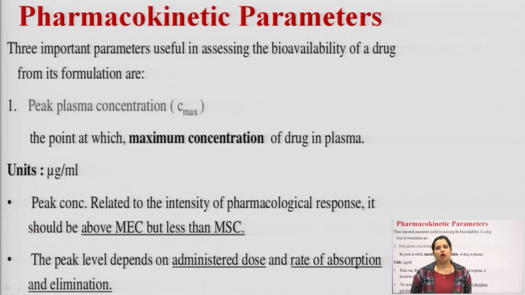Peak concentration is related to the intensity of pharmacological response. It should be above MEC but less than MSC, where MEC is the minimum effective concentration and MSC is the maximum safe concentration.